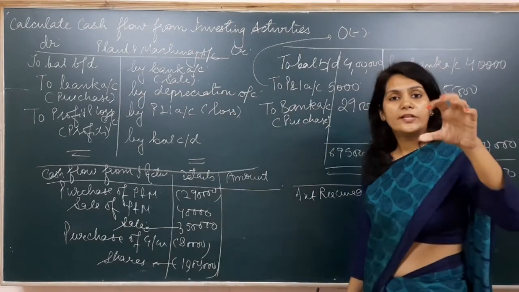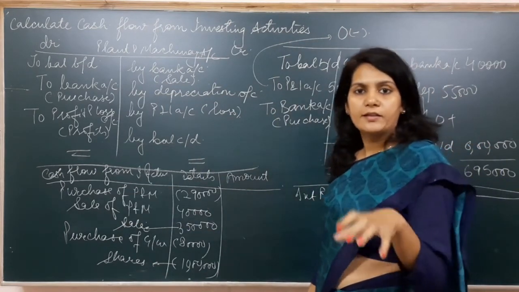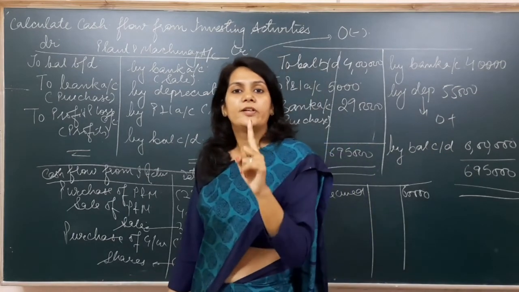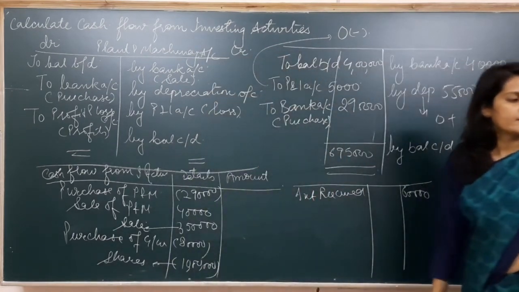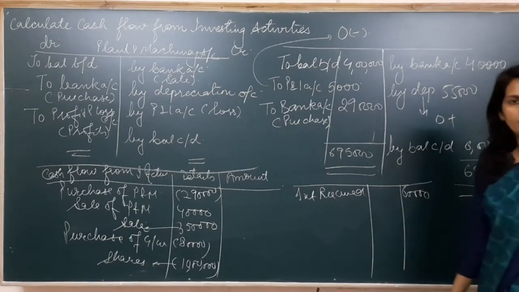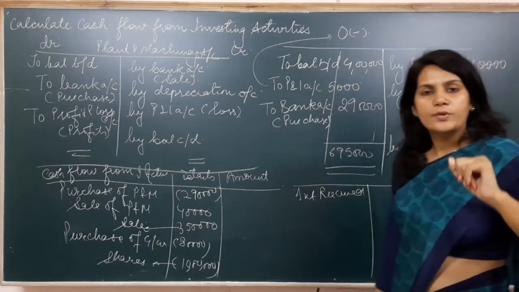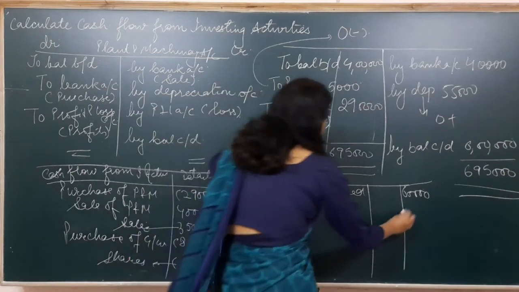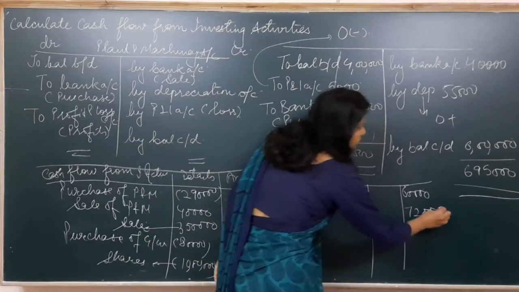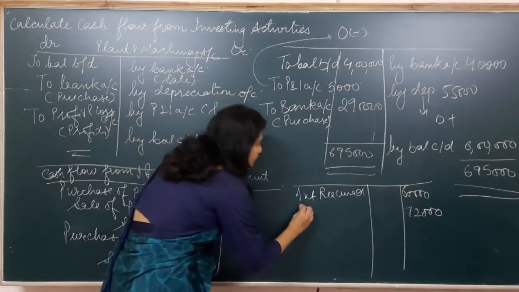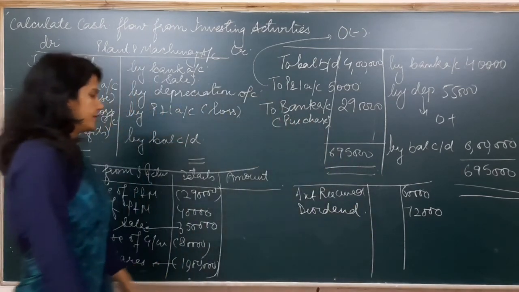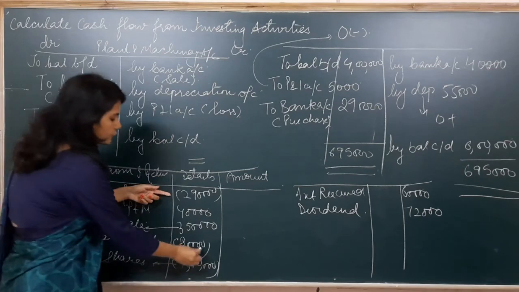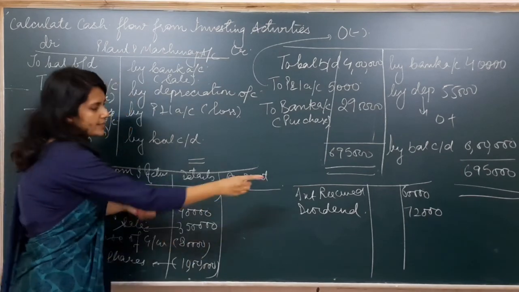Now the dividend you have received in the current year, you will receive on the investment made in the previous year, right? So in the previous year you invested rupees 8 lakh in Miko Limited. So as per 9%, the dividend received becomes 72,000. So you will write here dividend. So now these three items are in negative, rest in positive.